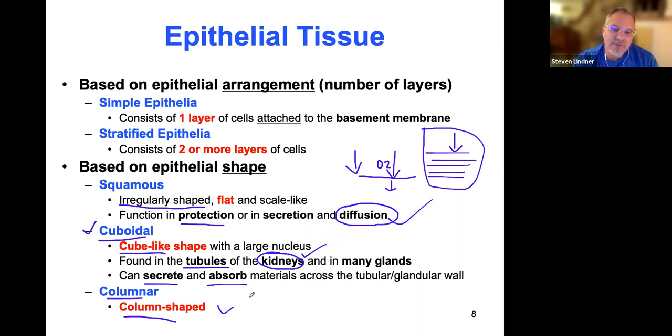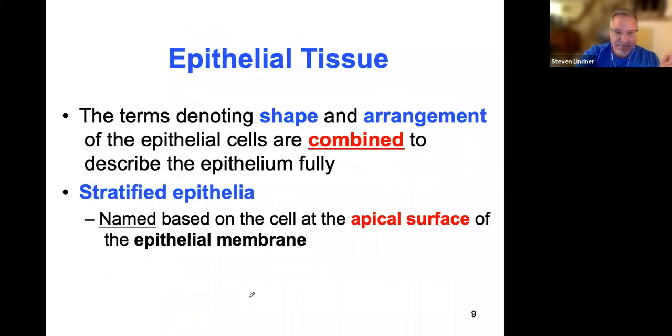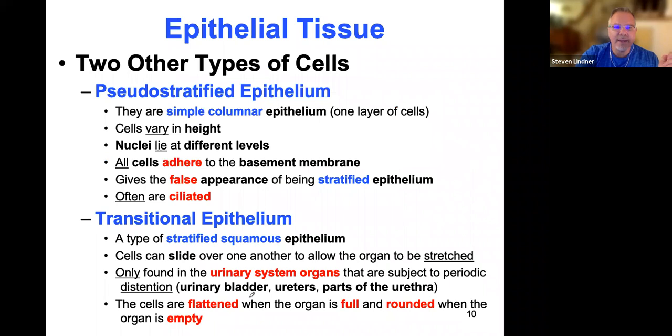Columnar cells, we're going to find these in the respiratory tract, like I showed you before in the trachea with the cilia. And we're also going to find them throughout the digestive tract in the small intestines, especially. Okay, so we went over pseudo stratified, right? There's the word pseudo, it actually means false.